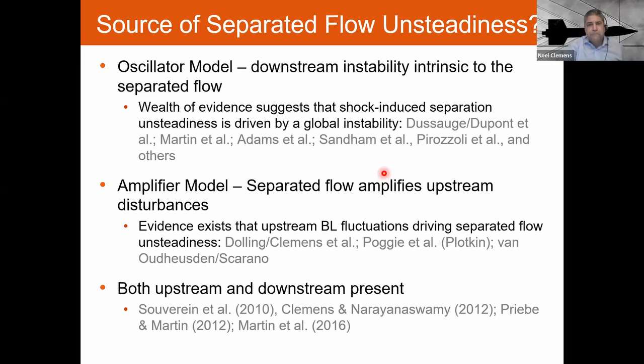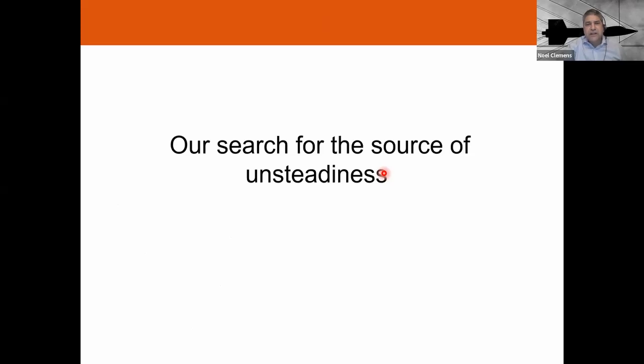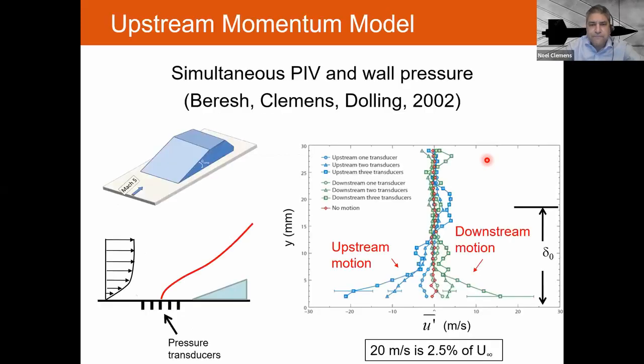Okay, this is sort of our point of view in terms of our search for unsteadiness over the years. I'm going to go back to 2002, and this is an experiment that was done by Steve Barish, who's now at Sandia. He basically has a compression ramp interaction, and he had Coolite transducers underneath the shock foot.